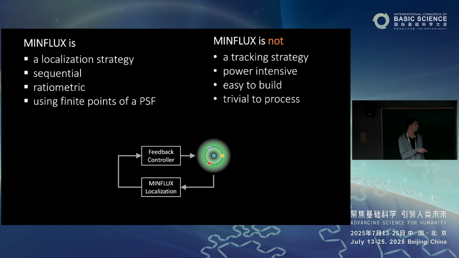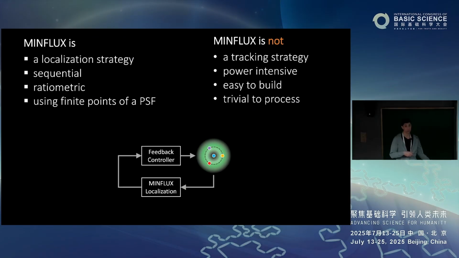And MINFLUX is in charge of localizing molecules, but it's not in charge of controlling your system. So anything that is about tracking better or faster can be more about putting intelligence here than here. Here, I think we've done everything that we can. It's not power intensive. It uses regular fluorescence of single molecules.